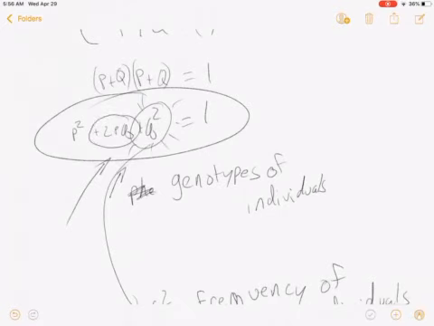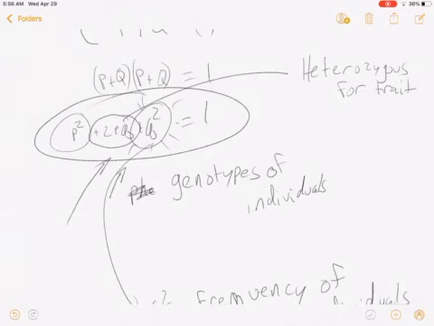Of course, this trait's made up, I hope you know. One other way is to be heterozygous. So these individuals are heterozygous for the trait. And another way to be a turkey is to be homozygous.